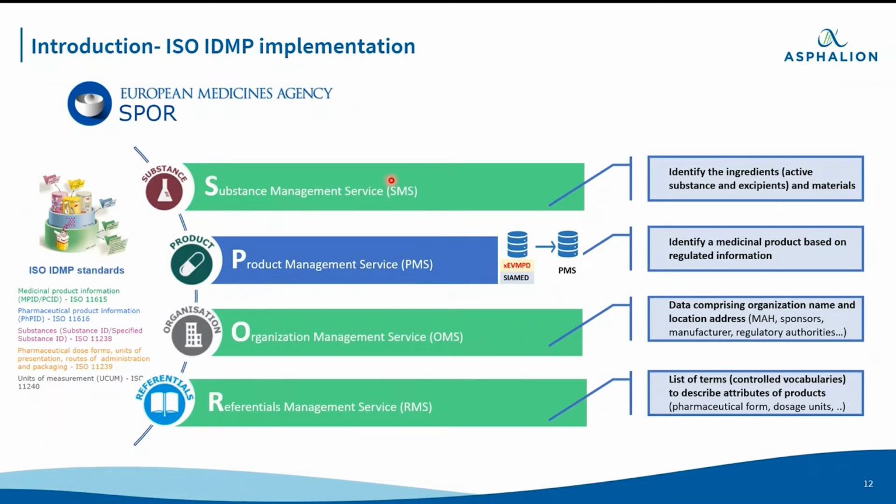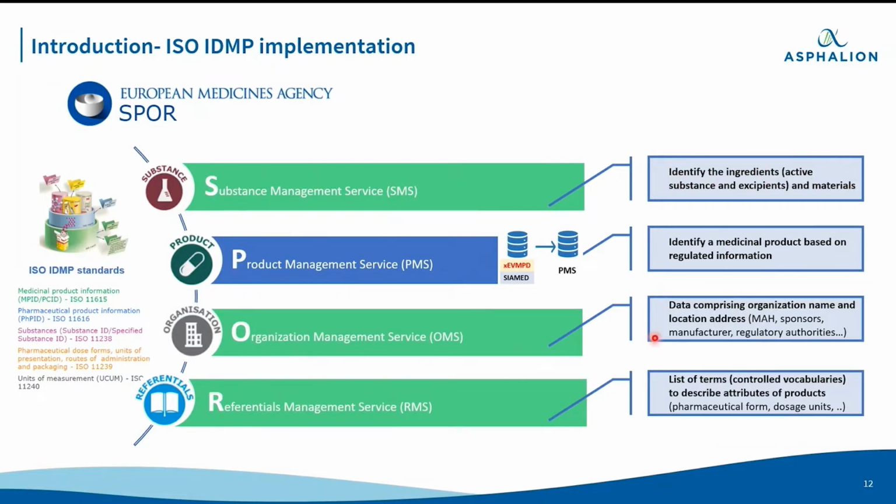So if we look at this in green, the Substance Management Service, so SMS, or the organization, OMS, the referential RMS, they are already live and working, even if there is still some ongoing work or improvements that have to be done. So the SMS, or the Substance Service, is made to identify the ingredients, so active substances and excipients, and the materials.